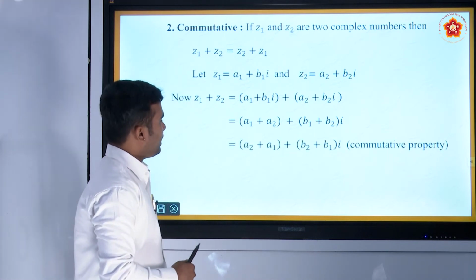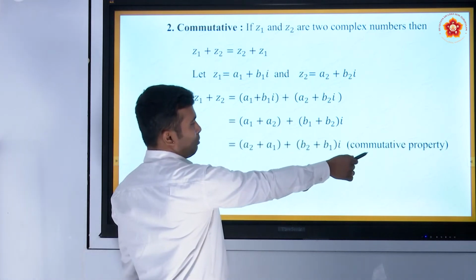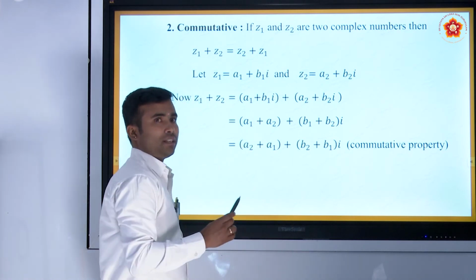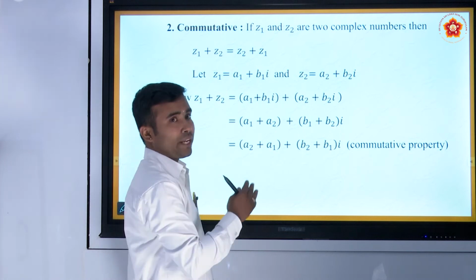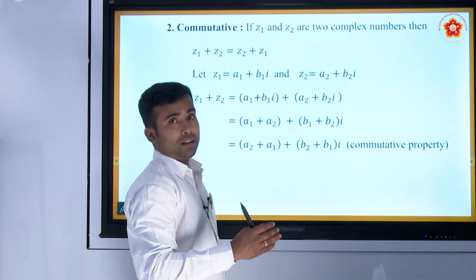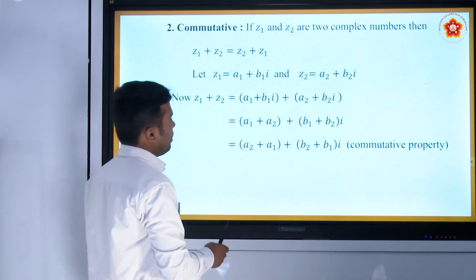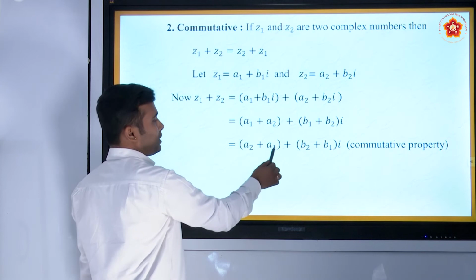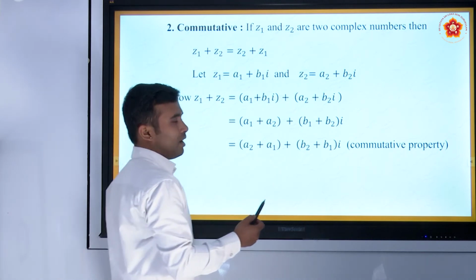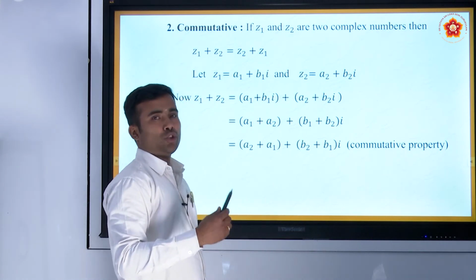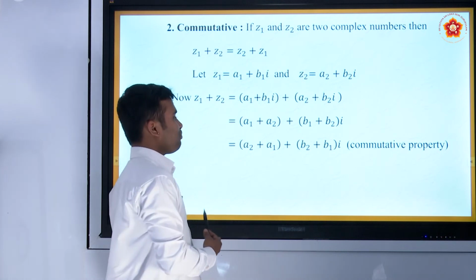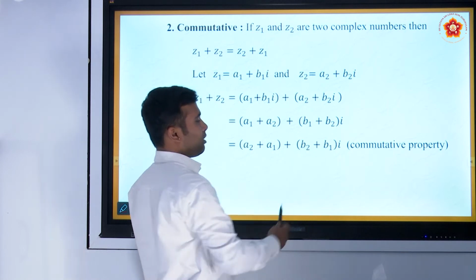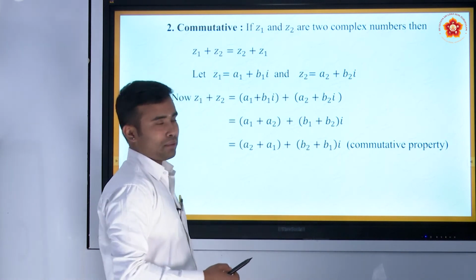And here I have used the commutative property of real numbers. I told you a1, a2, b1, b2 are real numbers. Here a1 plus a2 can be written as a2 plus a1, as we say 2 plus 3 is equal to 3 plus 2. And here also the same thing, b1 plus b2 can be written as b2 plus b1, that is the commutative property of real numbers.